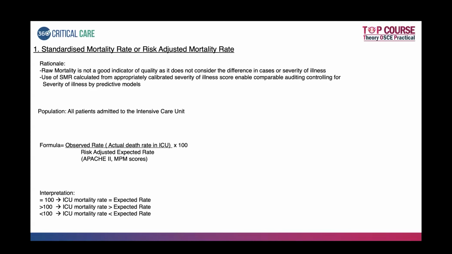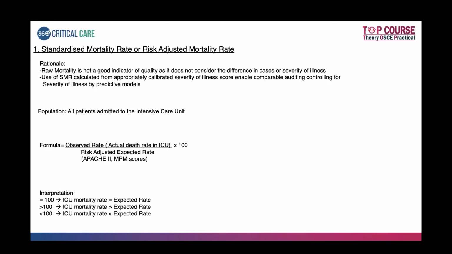The population that is taken into account is all patients admitted to the ICU. The formula is the observed rate, that is the actual death rate in the ICU, divided by the risk adjusted expected rate, multiplied by 100. How do you interpret this formula? Say you have an ICU of 10 beds and in a month you have had an admission of about 100 patients, and of those 100 patients, 10 patients have died.